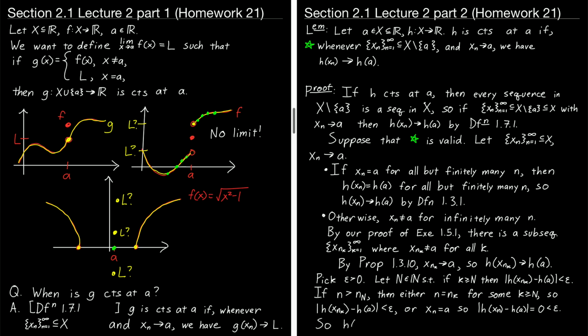So we've got that h of xn is converging to h of A by proposition 1.3.3a. And that indeed completes the proof.